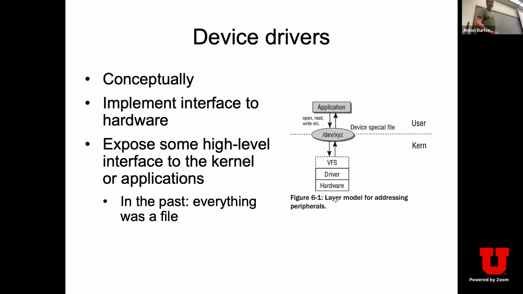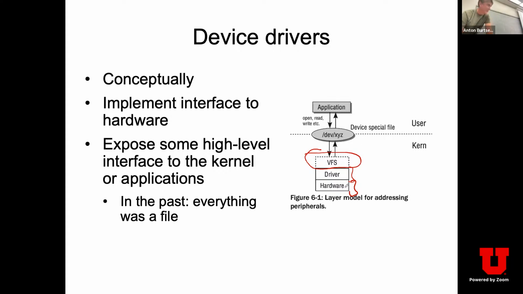Okay, so as I said, device drivers abstract the hardware. In this diagram, the hardware sits here, on top of it sits the driver, and on top of it sits some kind of a more general kernel layer. In this specific example, it's a virtual file system. There are multiple ways an application can access the hardware.